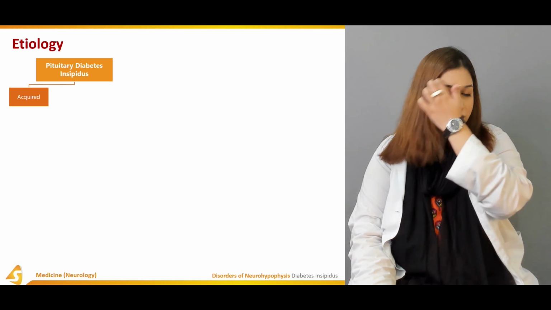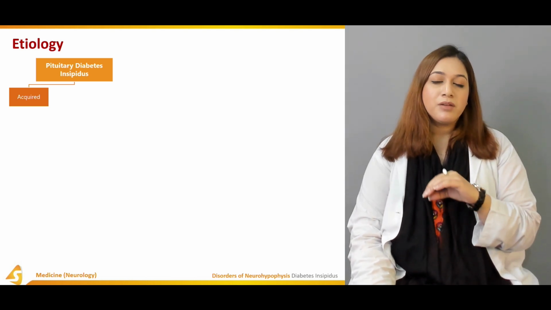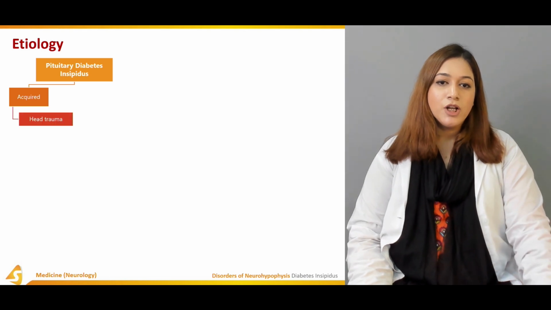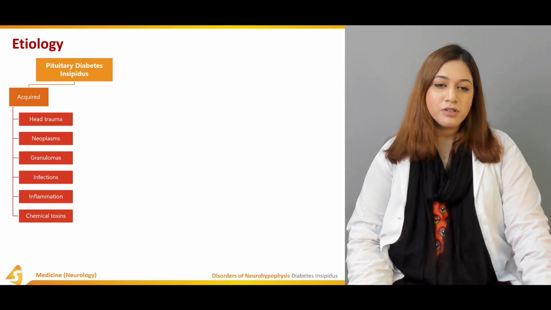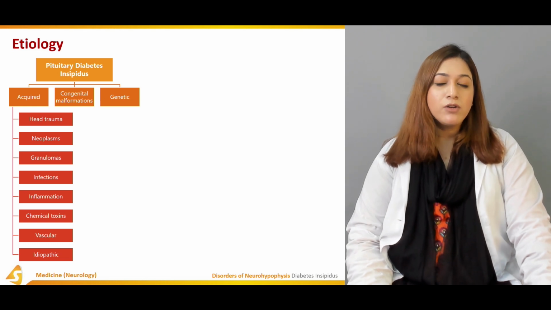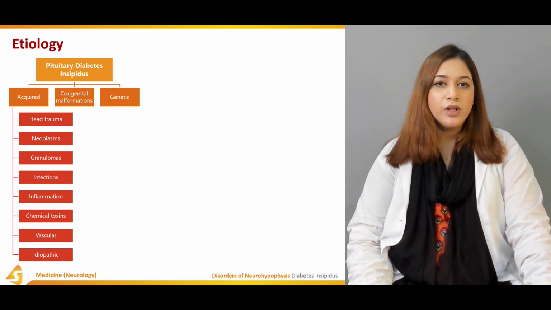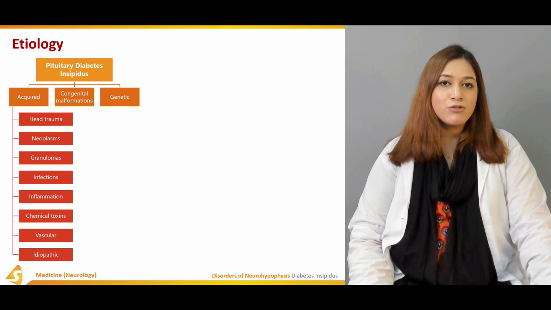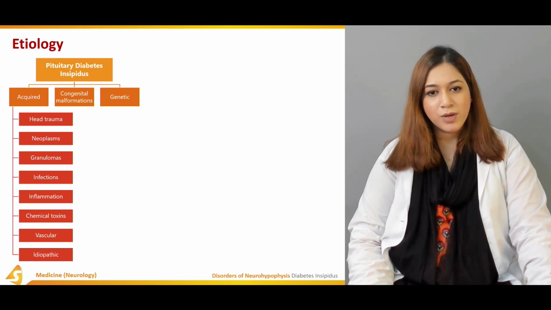If we divide the etiology, there are mainly 4 types of diabetes insipidus. That is pituitary diabetes insipidus. It has certain acquired causes, and there are congenital and genetic causes. The acquired causes include head trauma, any road traffic accident, or any surgery, certain neoplasms like pituitary tumors or craniopharyngiomas.